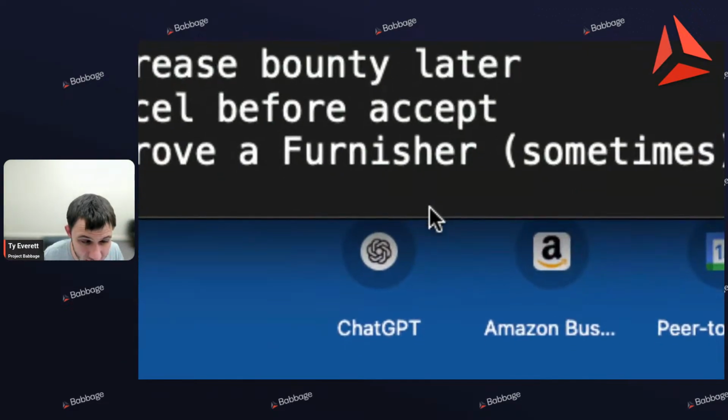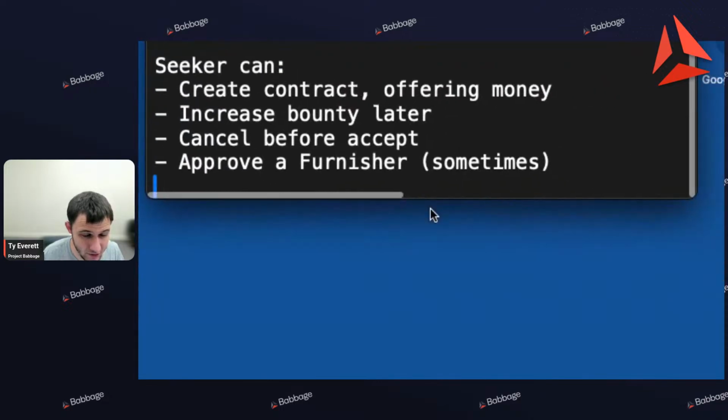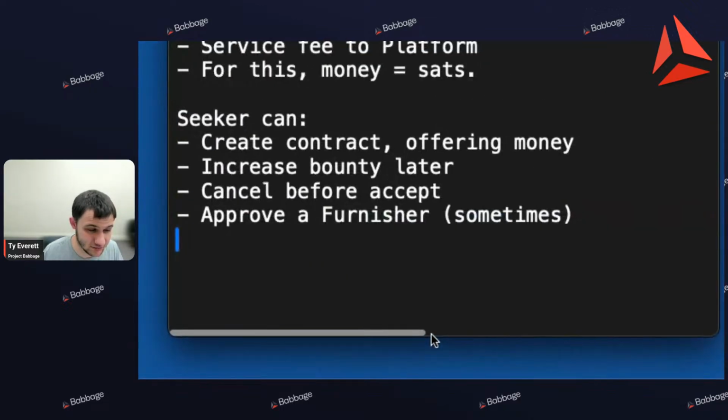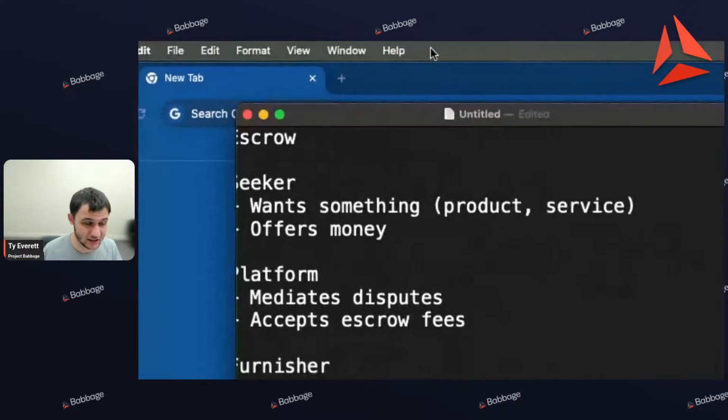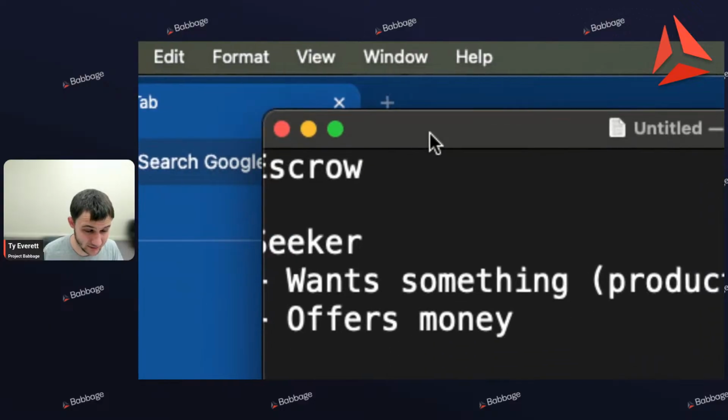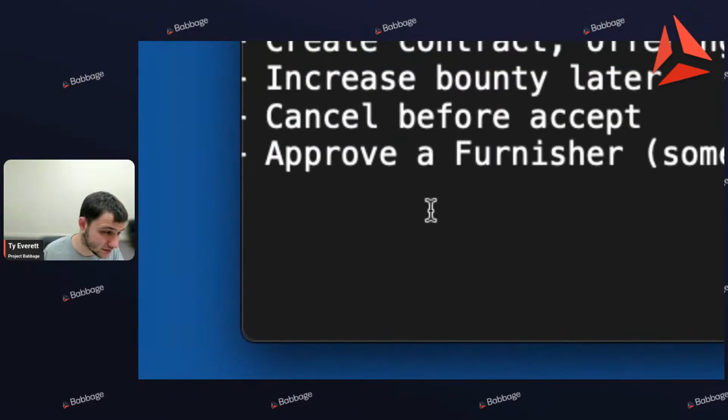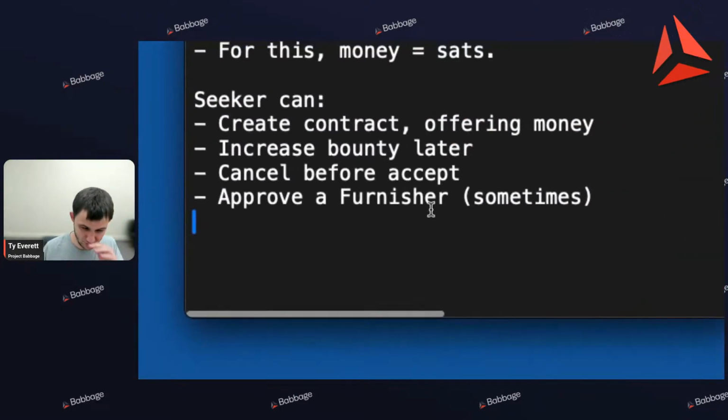If it is an unpermissioned contract where anybody may accept the bounty, there's different ways of going about that, right? But if a furnisher wants to be involved, wants to request services, I can make that happen. I can accept them, so now you're on the contract. Nobody else can claim it, right?